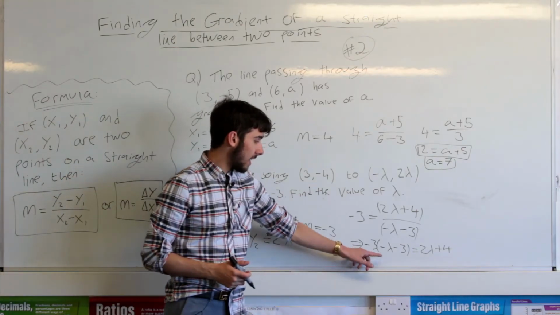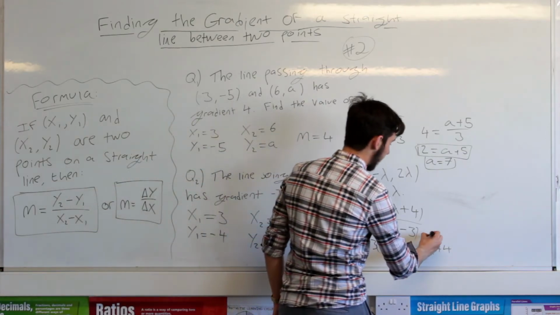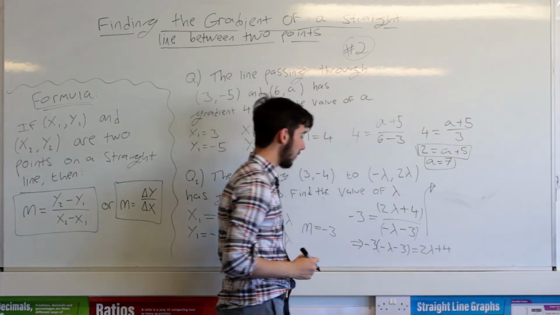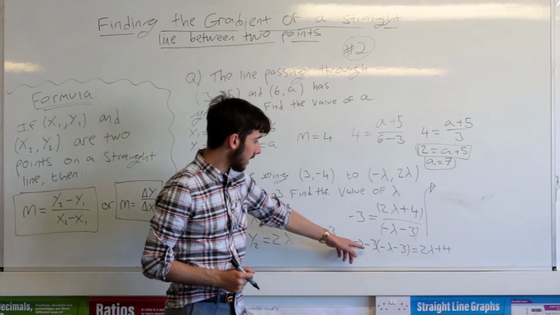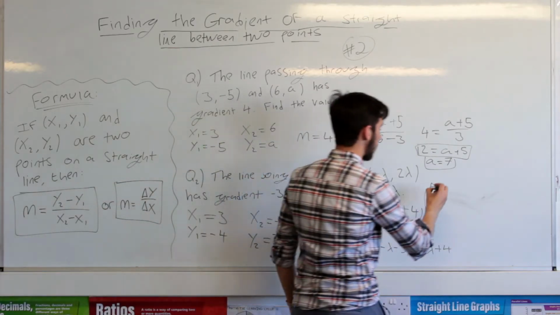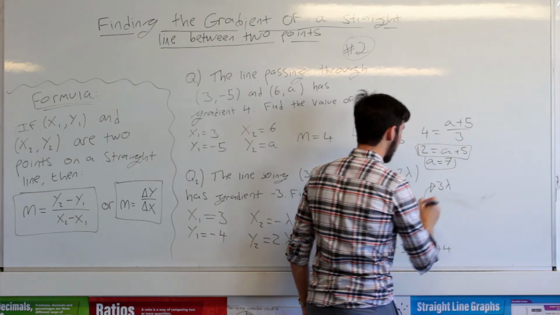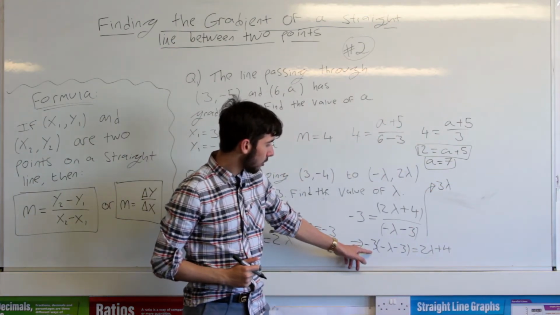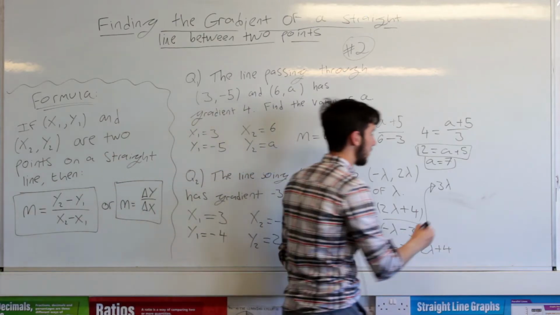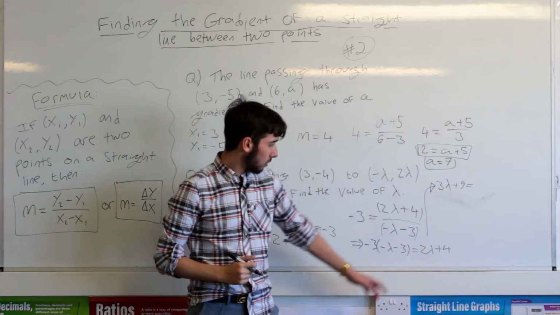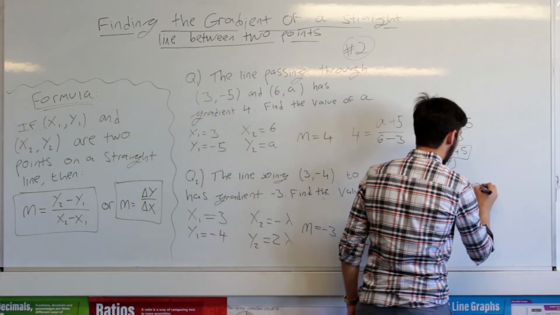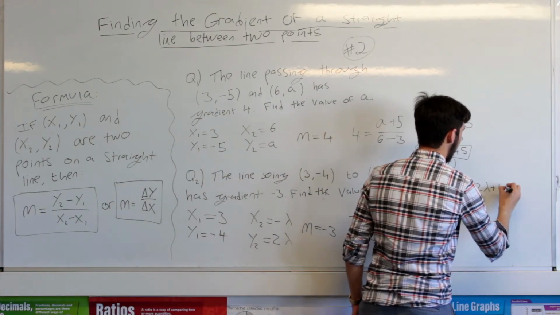Now we can expand this out. So minus 3 times minus lambda, these negatives are going to cancel out. It's going to give us just positive 3 lambda. And then minus 3 times minus 3 is going to give us positive 9. And that is equal to 2 lambda plus 4, which we can't actually do anything with just yet.